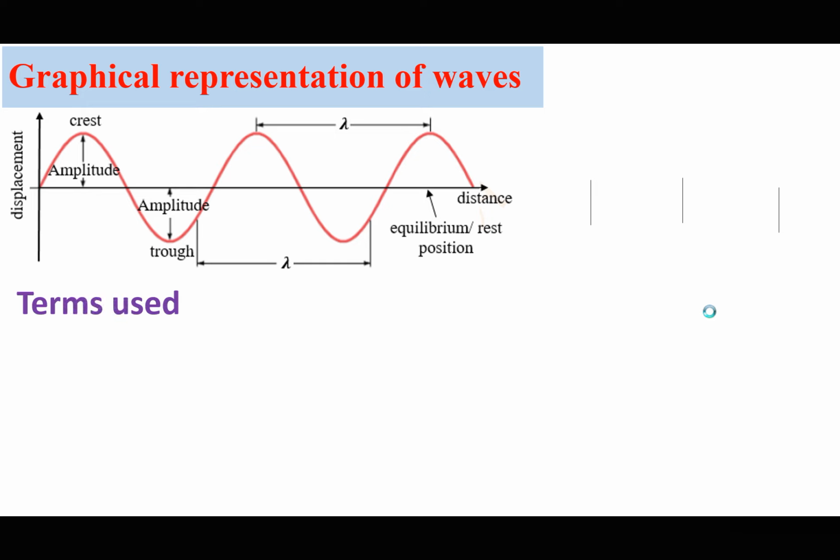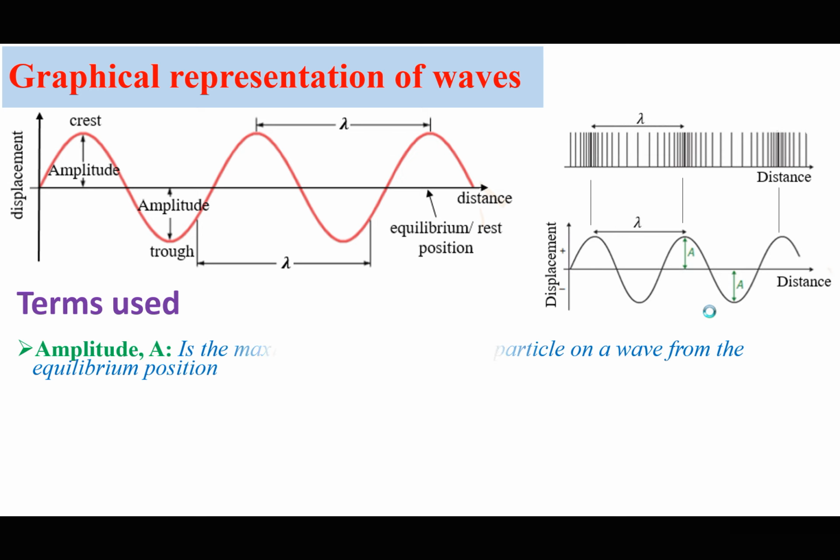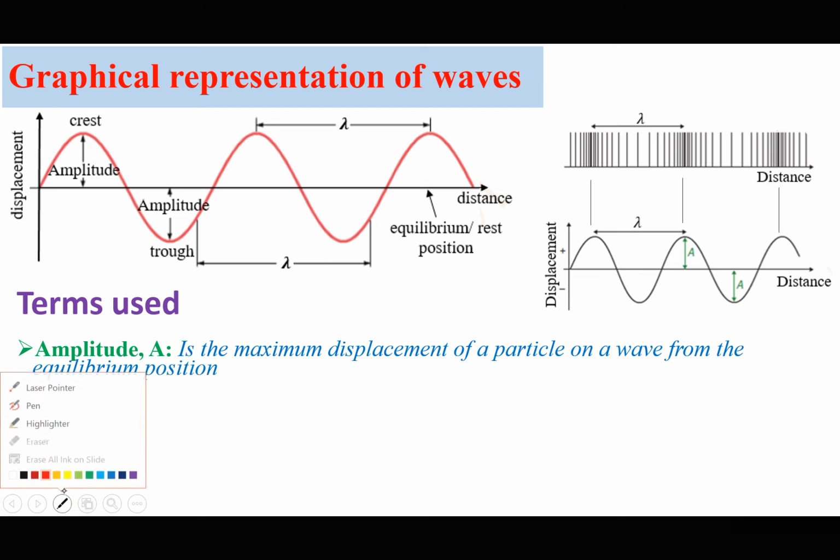You might have talked about the amplitude, which you called the maximum displacement of a particle from the equilibrium position. The maximum displacement of a particle on a wave from the equilibrium position, that is the amplitude.